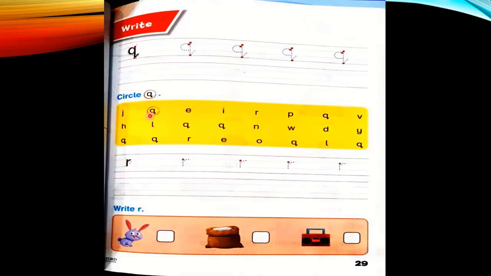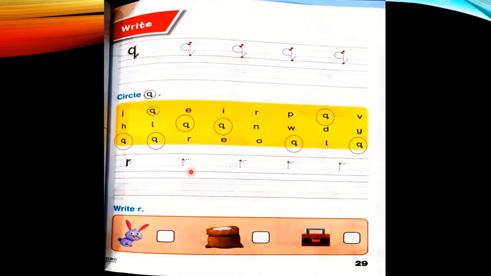Yes. It's already circled. Is it qu? No. So you will not circle them. You all will circle only qu. Okay, find out all the qu and circle them.